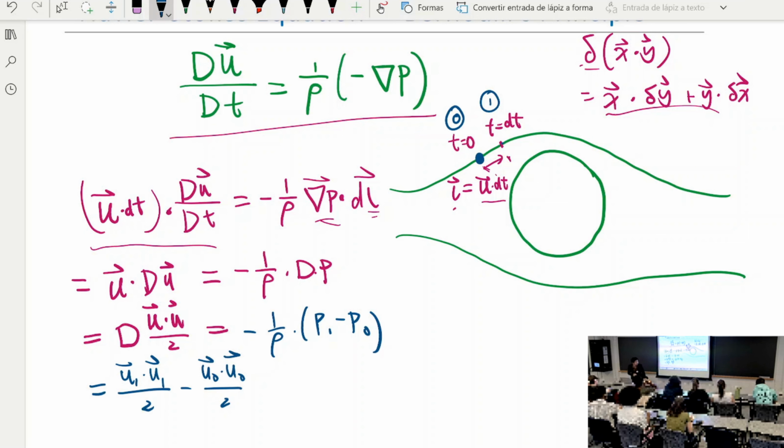Because the left hand side means the velocity after the delta t minus the velocity before delta t, right? And the right hand side means the pressure at location 1 minus the pressure at location 0, right? They actually mean two different things, and I can only exchange the spatial difference with the time difference if I know the flow field is steady state.